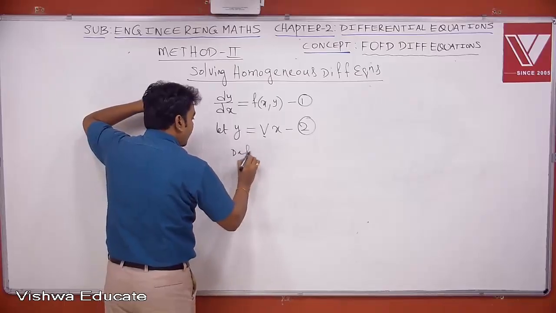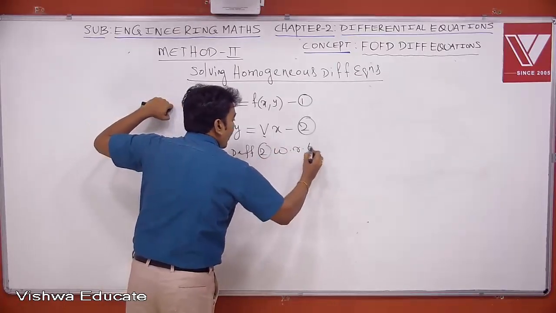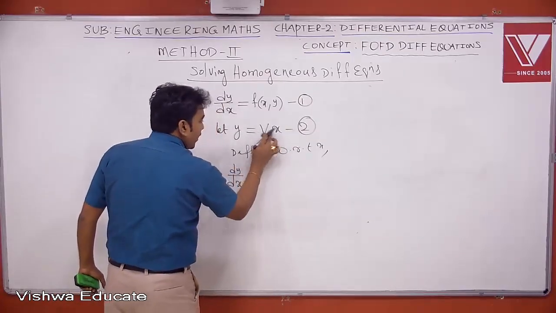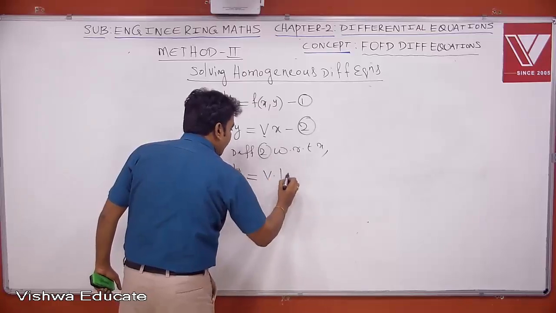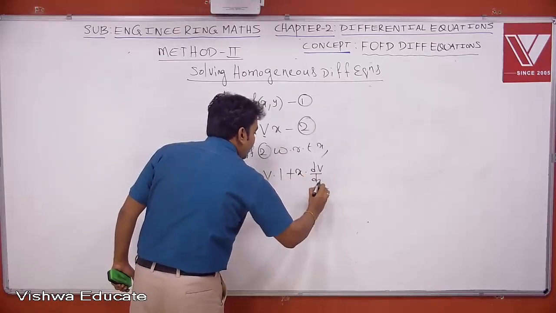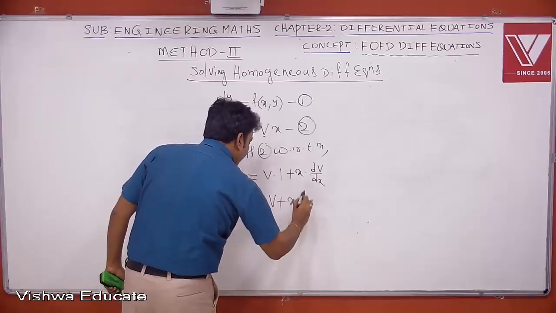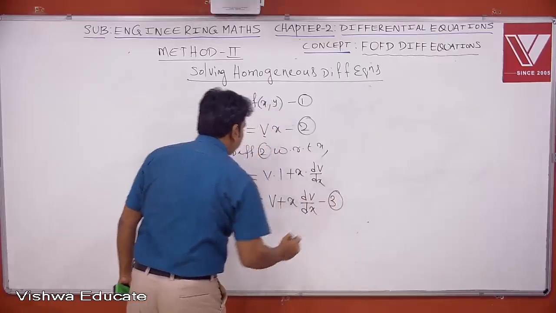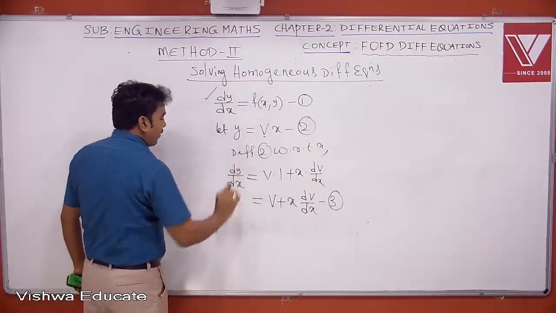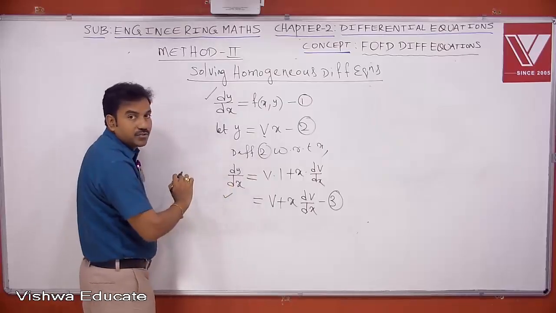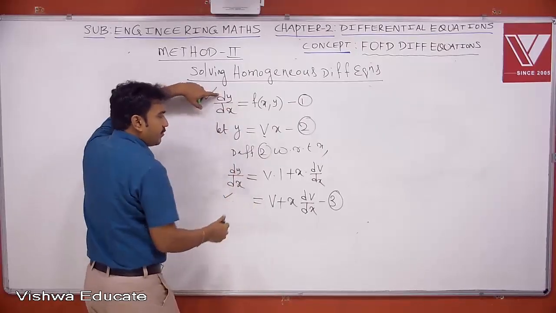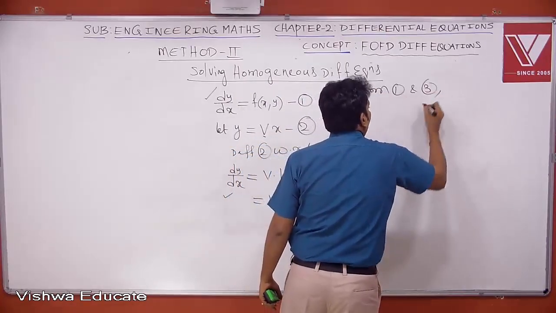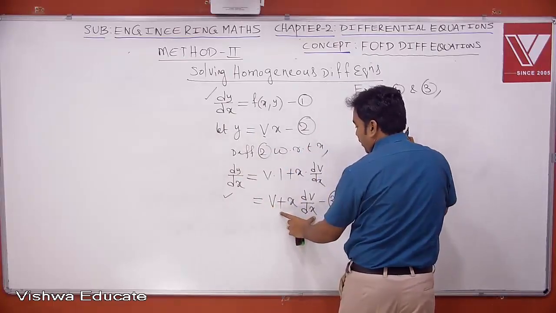Now differentiate equation 2 with respect to x. We get dy by dx equal to, applying the product rule, v into d by dx of x, which is 1, plus x into dv by dx.